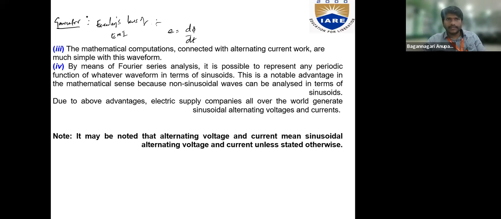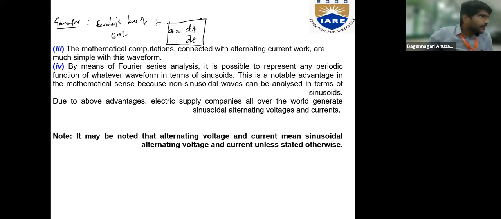They give the relation between EMF and flux.